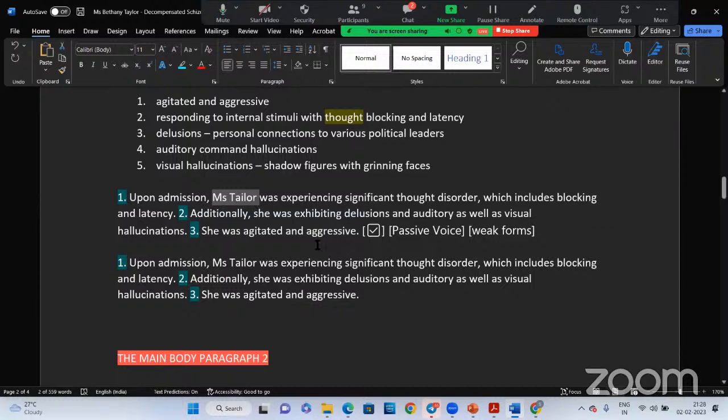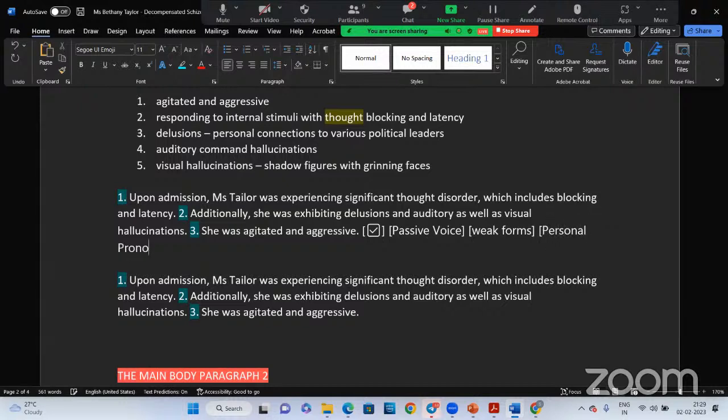In this sentence, newly, she is not important. Miss Taylor is not important because she is already present, like water under the mat. It's already there. Why so many times, she? Passive voice, weak forms. Why? Because of personal pronouns. Many people will not have the time and patience to learn all these things, so we are not bothered about them here.